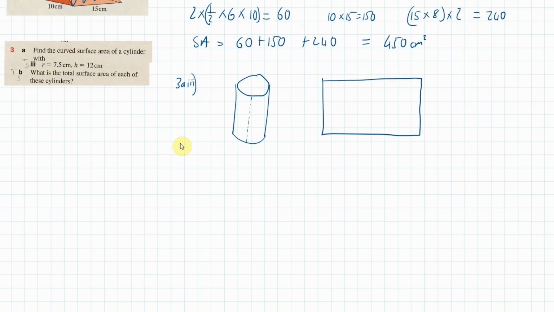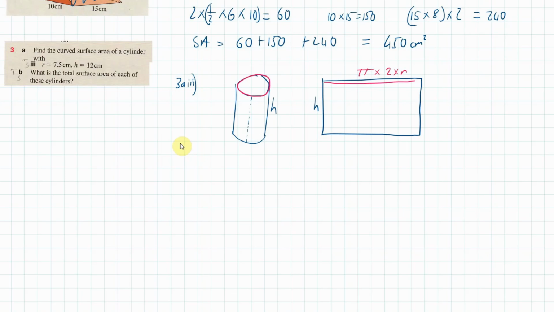Okay? And this bit here is the height. But this bit here is actually the circumference. And the circumference is made up of pi times d, or pi times 2 times r.